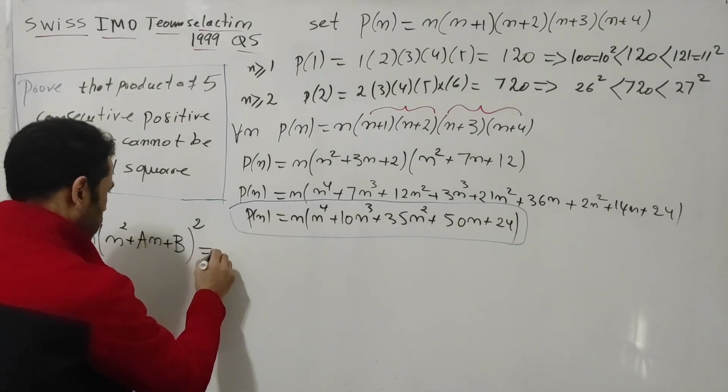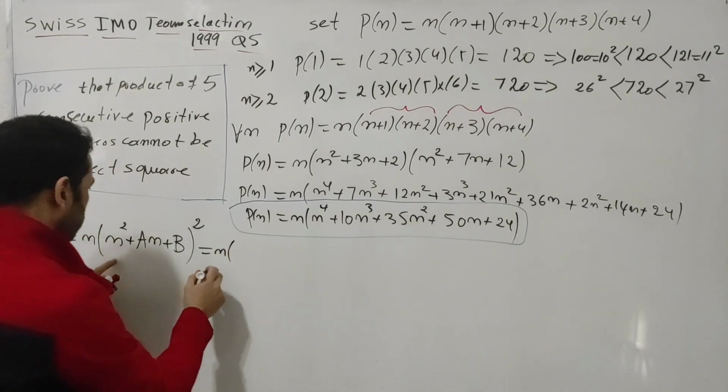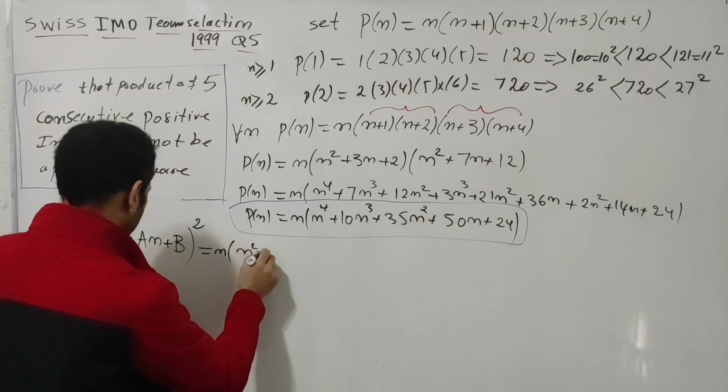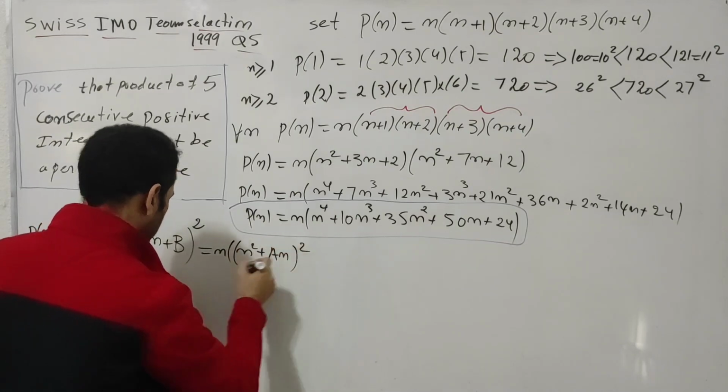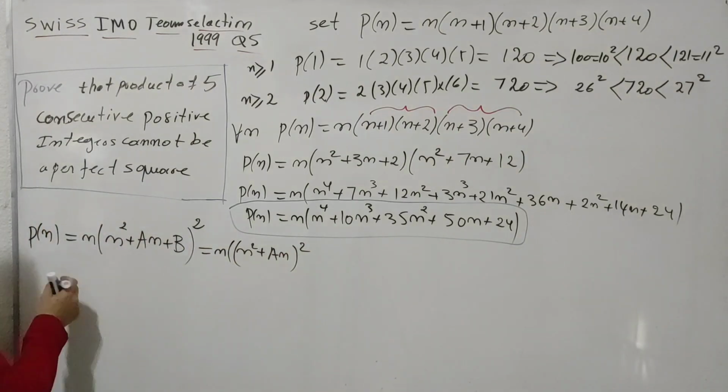By distributing this, we get n squared plus A n, squared, and I'm applying this identity.